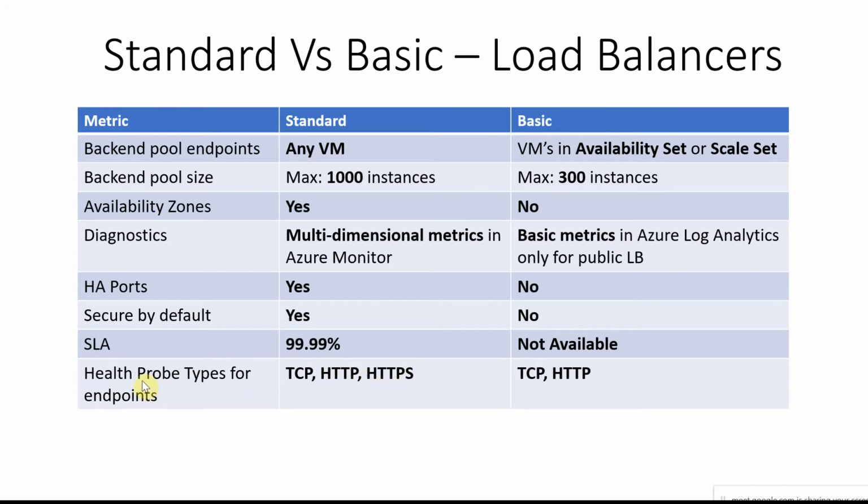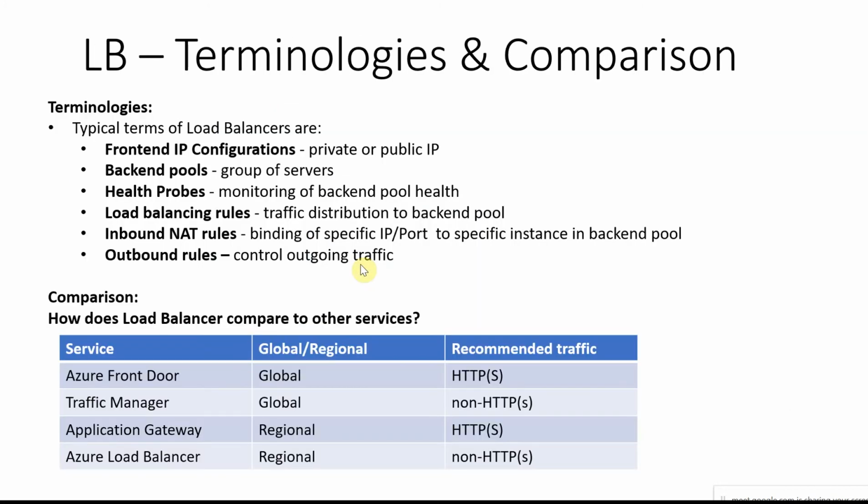This is talking about the probe types and protocols for it, not the data packets that you're sending, which come under the networking category, covering UDP and TCP protocols. Here we're talking about the application inside the VM, so this can be HTTP or HTTPS, which it supports. So this is the difference.